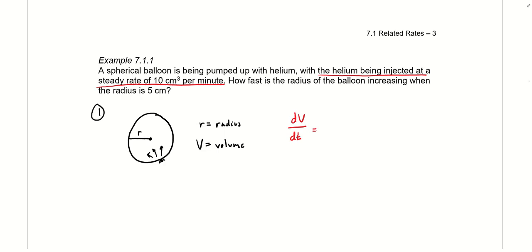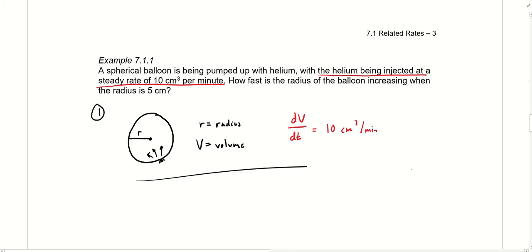And I can see it's 10 centimeters cubed per minute. So I actually have a derivative, that rate of change of volume with respect to time. So here, it looks like that's all the information that I know, specifically about just the setup of this problem.